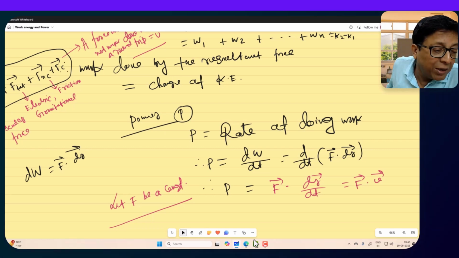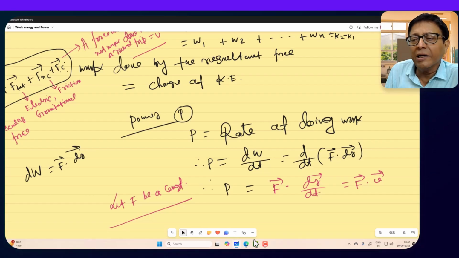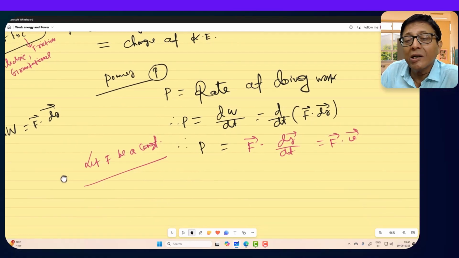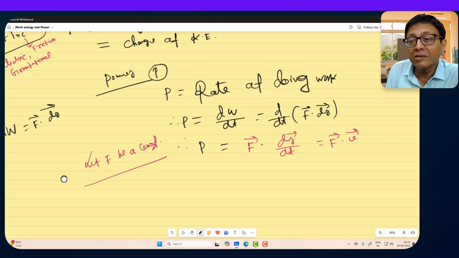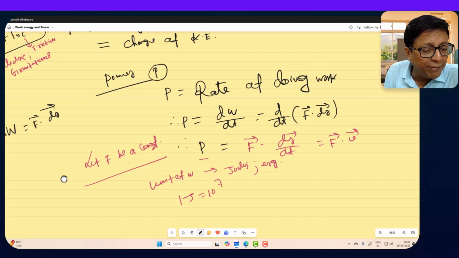So power developed or delivered on an object is measured by this. Unit of work you have already done in junior classes, that I haven't told you. Power, I think you have done that also. Unit of W is normally joules or erg. 1 joule equal to 10 to the power 7 erg.